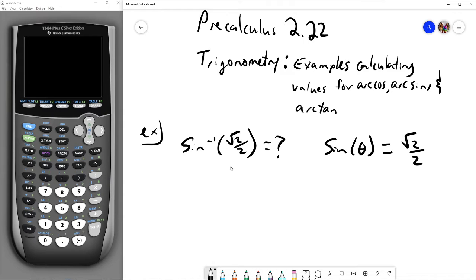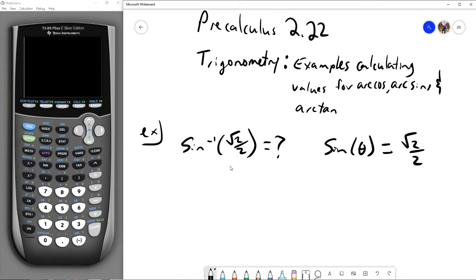So before, when we learned how to find values on the unit circle, we were given an angle and we plugged it into one of our 6 trig functions, and we got out a value that was in reference to the x or y coordinate, or the ratio of the x and y coordinates on the unit circle.